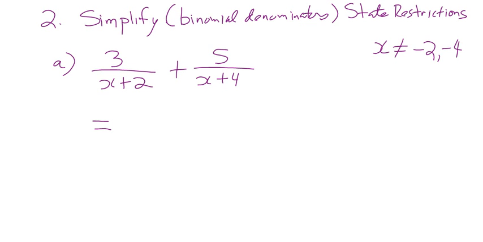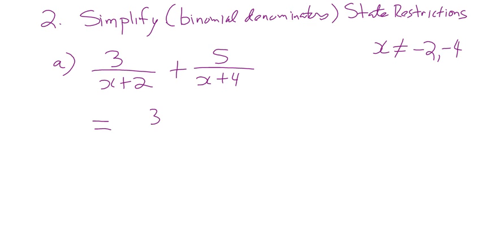You need one of these and one of these, so our common denominator is this times this, right? If x were 7, then you get a 9 and an 11, and your common denominator would be 9 times 11. So you have to multiply them together.